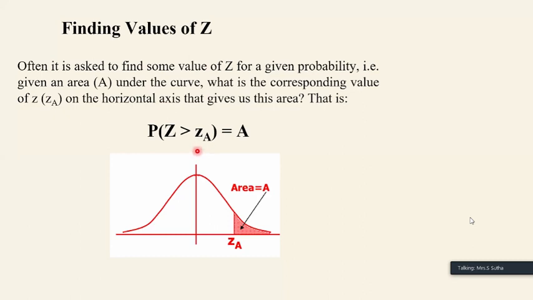Now here we look at this one. We want to get the z value. This value we have to find out. The corresponding probability is given by A, right? Probability of z greater than za. So now here we are marking the probability of z greater than za. This is za. This area is the probability of z greater than za. That is A.